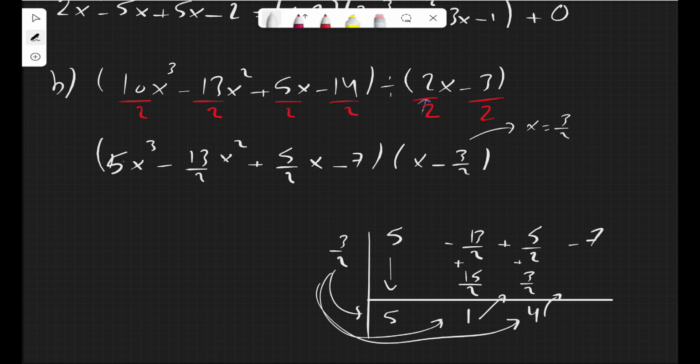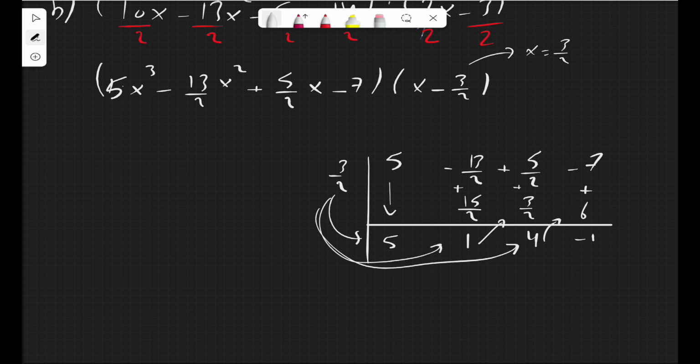Multiply. 3 over 2 times 4 is 12 over 2, which is 6. Plus them, negative 1. As we said, the last one is also always the remainder.